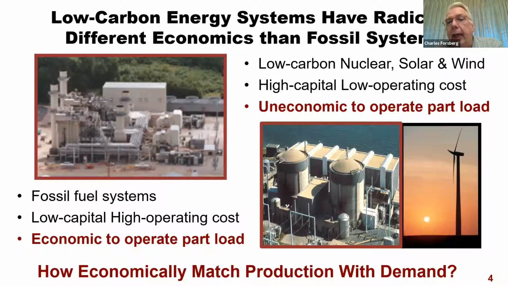If we look at a nuclear system or a solar system or a wind system, these systems have high capital cost and low operating cost. It is uneconomic to operate these at part load. If you operate these at half load, you approximately double energy costs. So the question is how to economically match production with demand.